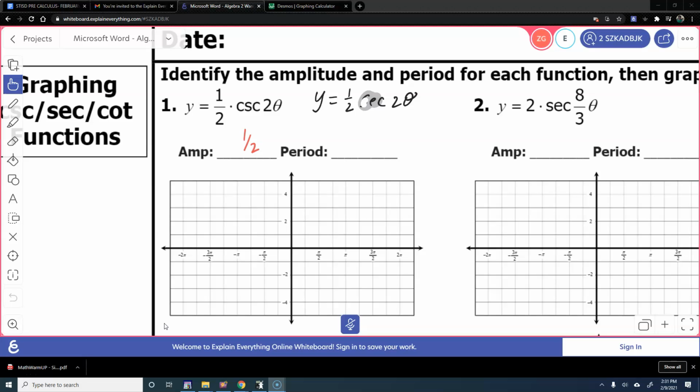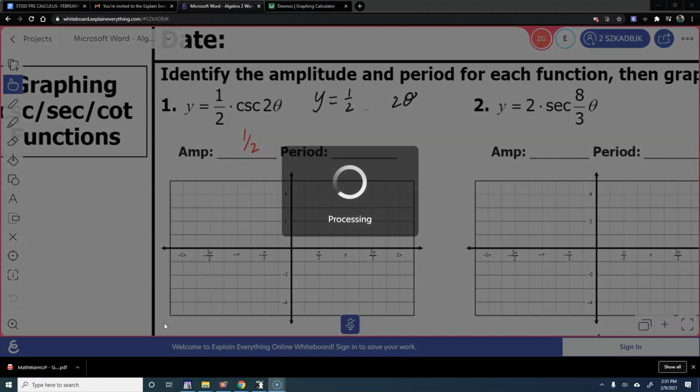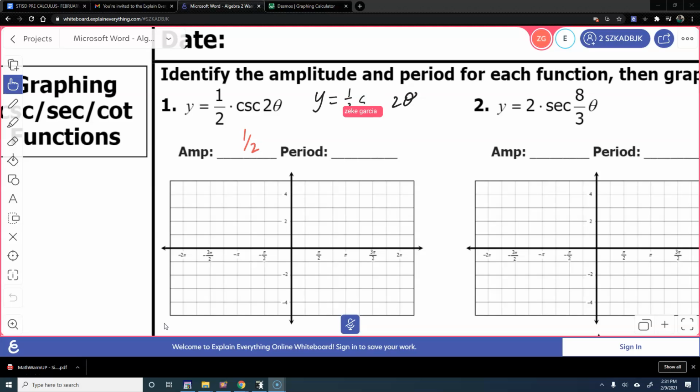Let me fix this. Actually, the reciprocal for cosecant is sine. So to find the period, it's 2 pi over whatever this is. In this case, it's 2. So the period will be pi.